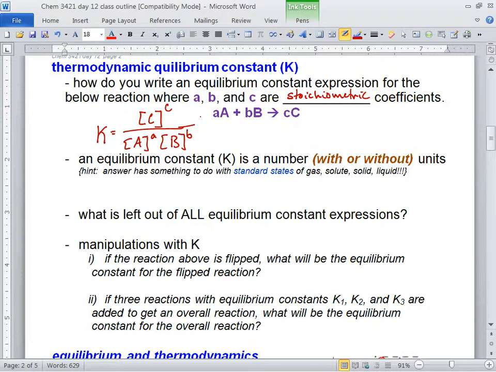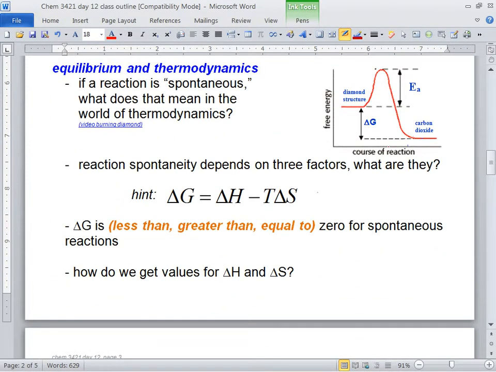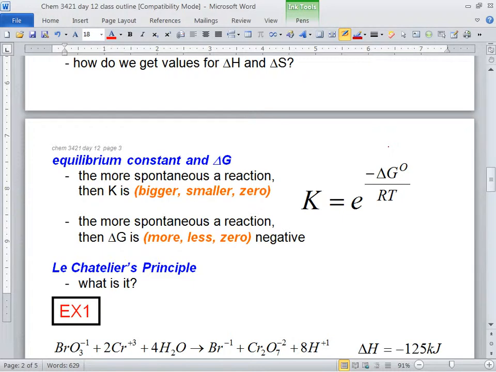An equilibrium constant is just a number. There will be some significance to that number. But does that number have units? Yeah, she's right, it doesn't. And a hint that it doesn't have units is look what we're going to be doing here.